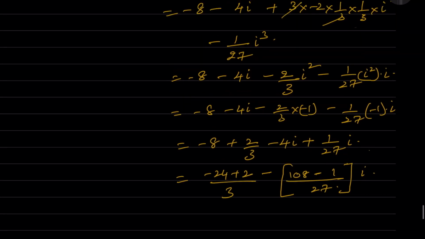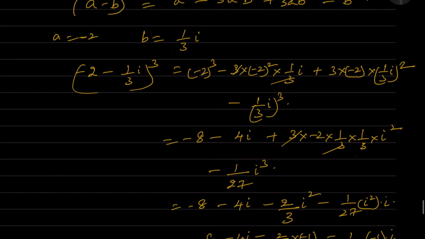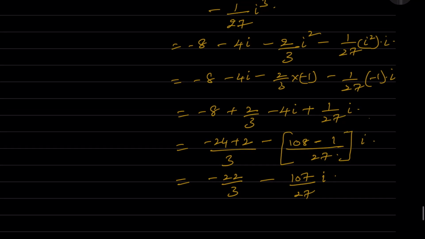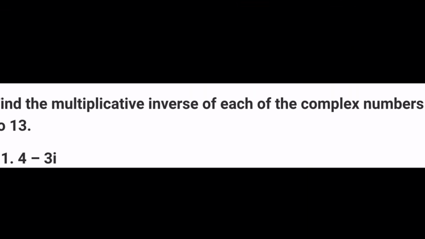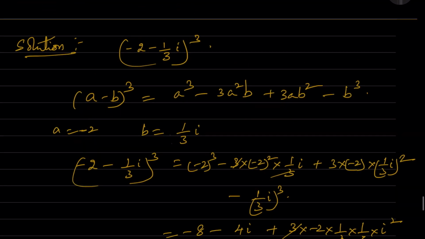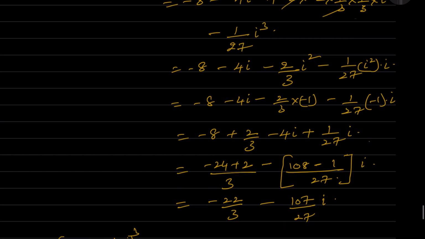So this is equal to minus 22/3 minus 107/27 i. So therefore we can write (minus 2 minus 1/3 i) whole cubed is equal to minus 22/3 minus 107/27 i.